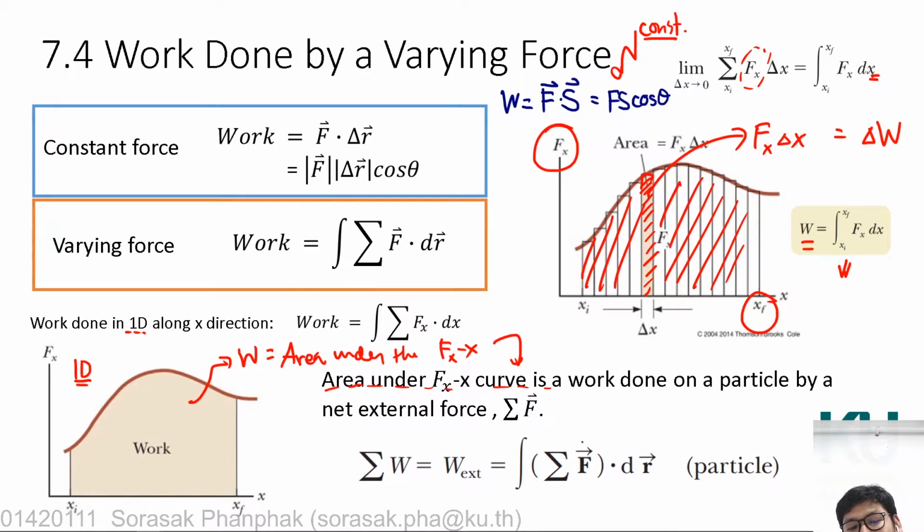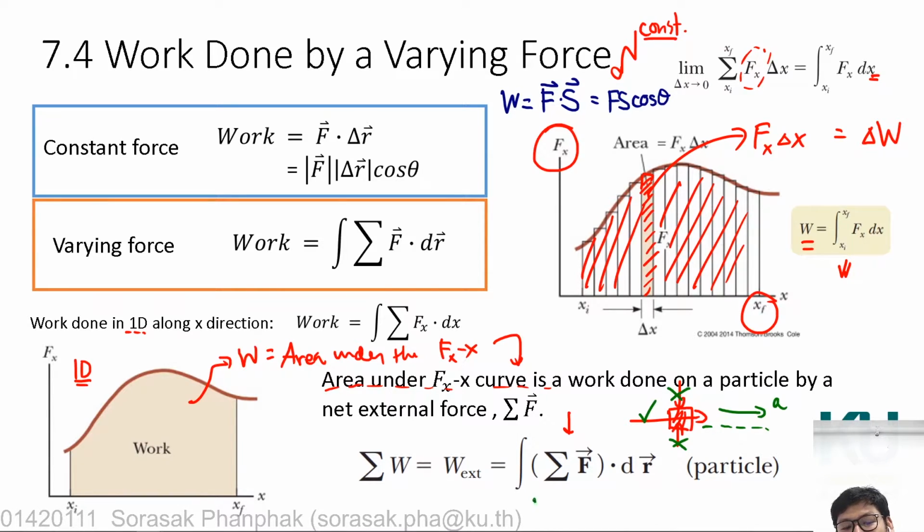The reason that I put the sigma F over here is to state the net force. So you consider only the net force. For example, if this box is acted on by this force, this force and this force, but the object is mostly moving along this direction, then the net force is this term, not this and this part.